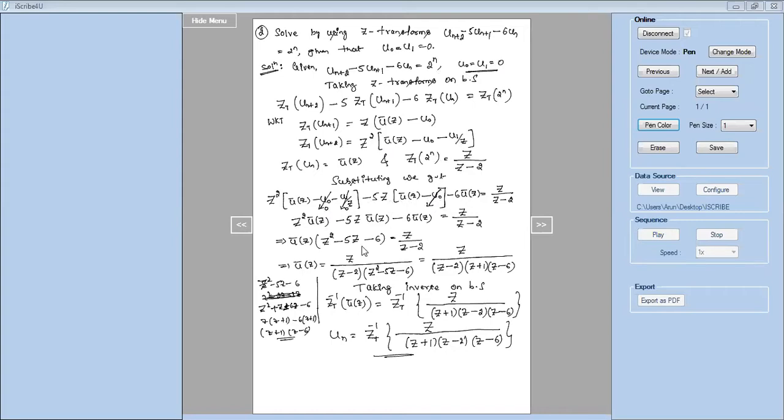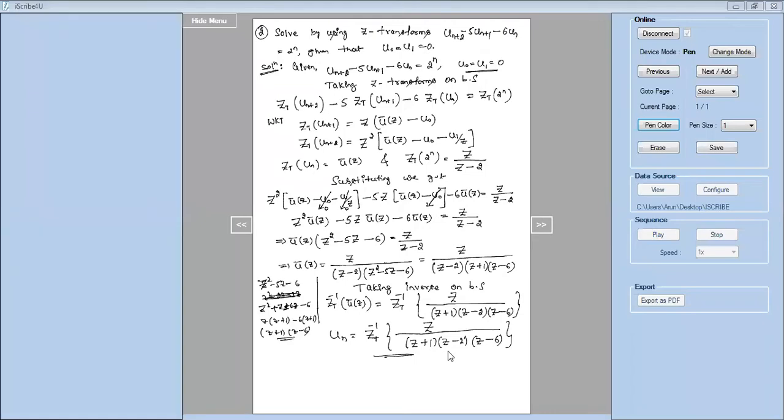So finally we get u bar of z equal to z by z minus 2 into z square minus 5z minus 6. Factorize this. We get a product like this. Take inverse on both sides, you get un. Un equals inverse z transformation of the right hand side. So if you find the inverse for this, you will get the solution of the difference equation. So this is how we can solve a difference equation by using z transformations.